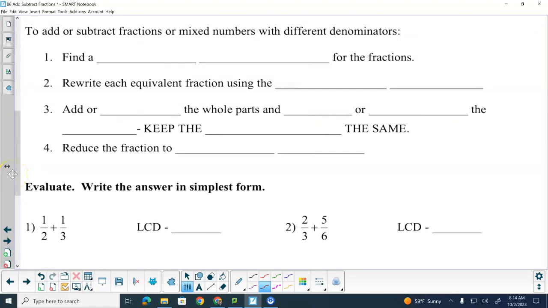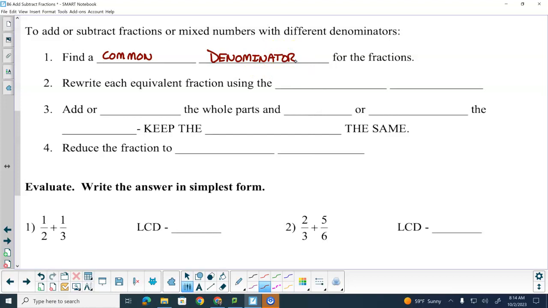So the first step, as always, we've had it done for us in the first example, and it wasn't done for us in the second example. But what we have to do is first find a common denominator. Okay?